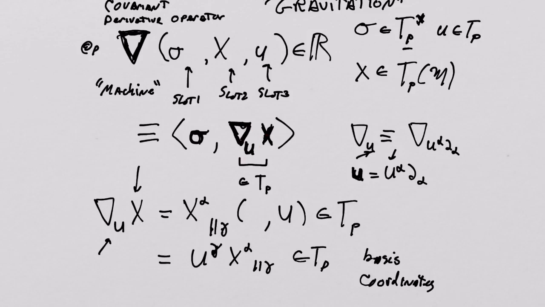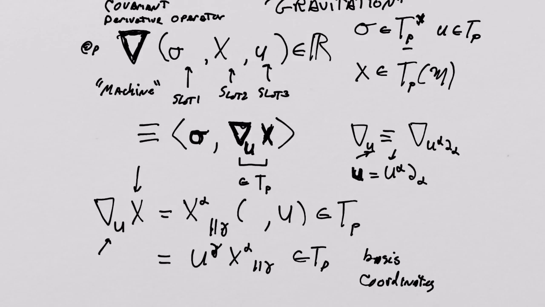This is just some process that produces a vector, and we'll try to figure out what that process means later. But ultimately, it's going to be this 1-1 tensor consuming this vector u, yielding this after the index gymnastics are all done.